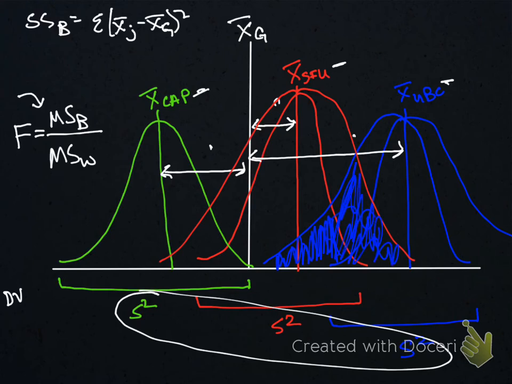And if the distributions overlap too much, you begin to wonder why they're separate in the first place. They might have come from different groups, but numerically or statistically, they'd be considered very identical or likely of coming from the same population. And so, as these variances increase, that's going to drive up that mean square within.